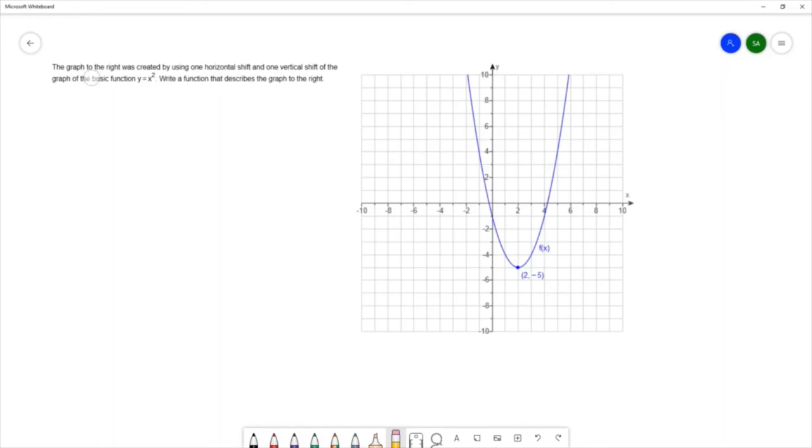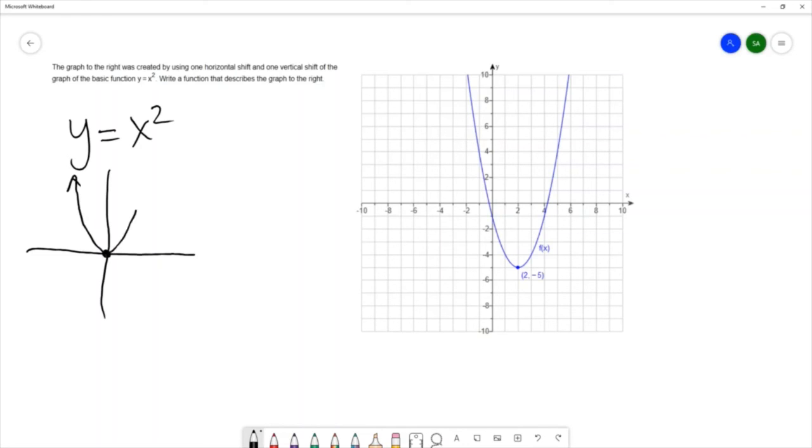The graph to the right was created by using 1 horizontal shift and 1 vertical shift of the graph of the basic function y equals x squared. Write the function that describes the graph to the right. What I want you to remember about the basic function y equals x squared is that it's a parabola whose vertex occurs at 0, 0, the origin.